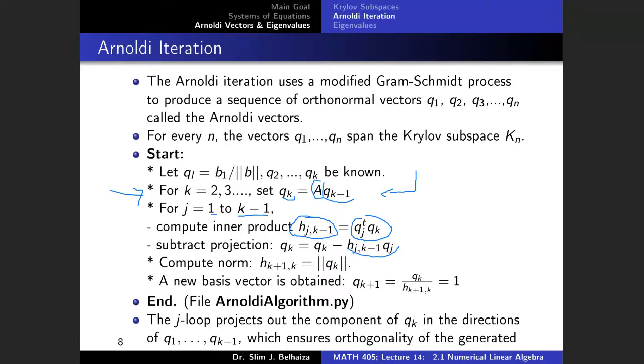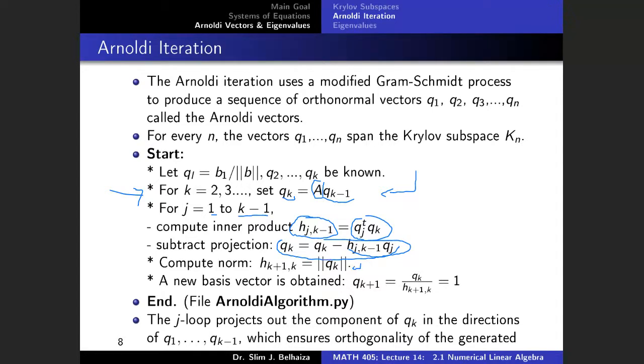Now you compute the norm, which is the new value we call h_{k+1,k}. This q_k you obtain when you update it. It's exactly the same q_k you obtained first, minus the inner product of q_k by q_j. You compute the norm of the new vector you obtained.